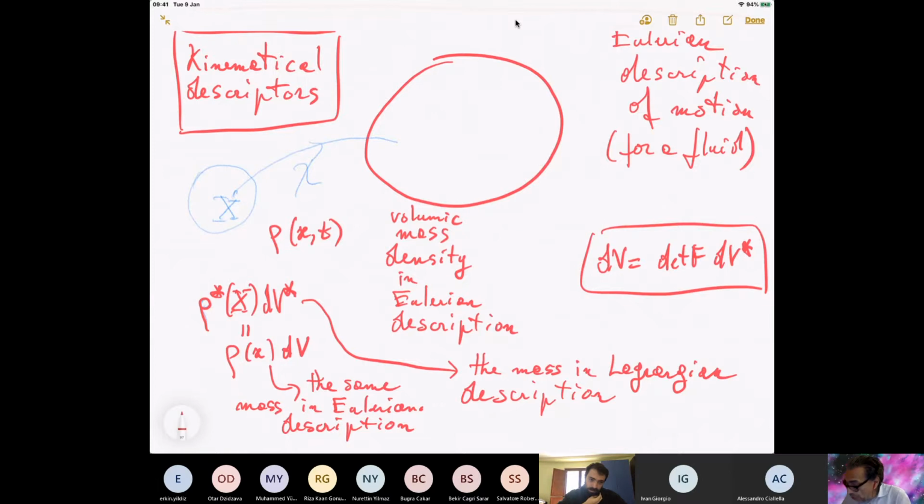So, knowing kappa and its gradient and the determinant of its gradient, we have defined the field rho of small x and t.